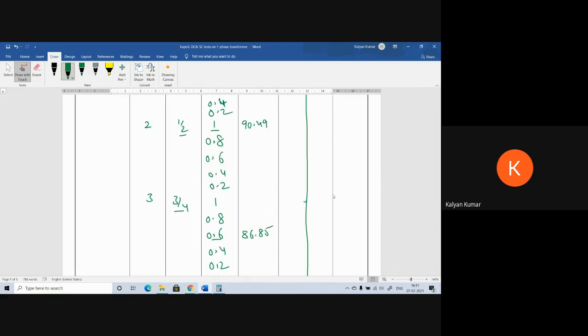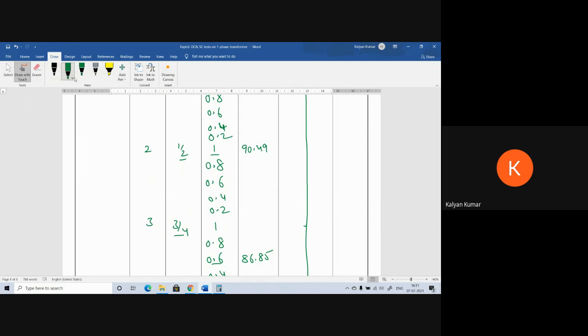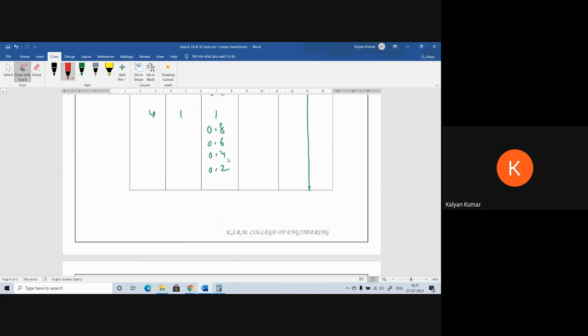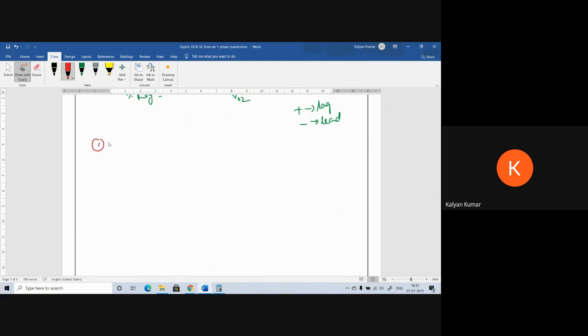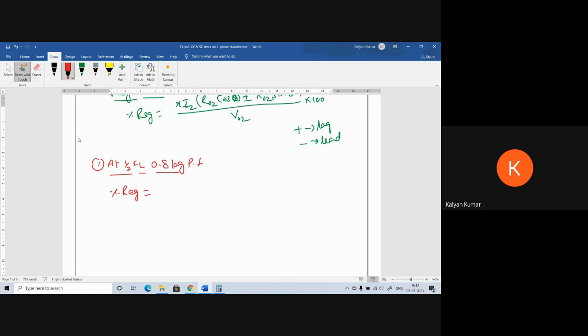Let's take the same case as half full load. I am taking the 0.8 power factor case, lagging. So at half full load, 0.8 lagging power factor, the percentage regulation equals x, the fractional load, 1 by 2, into I2, the full load current, which is 5 amps on the secondary side, into R02.